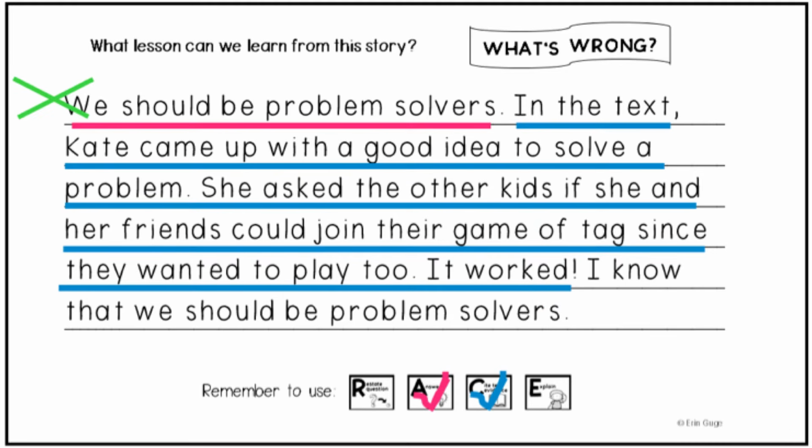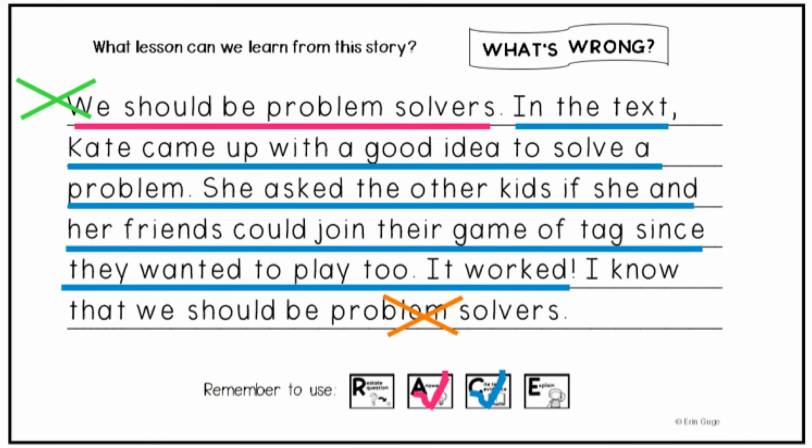Whisper yes or no. Does that explain some ideas about the text evidence or that big idea answer of problem solving? No, it doesn't. It doesn't tell anything new. It mainly just repeats the words problem solving. So here you can see that it didn't restate the question. It did answer the question and cite text evidence, but it did not add an explanation.